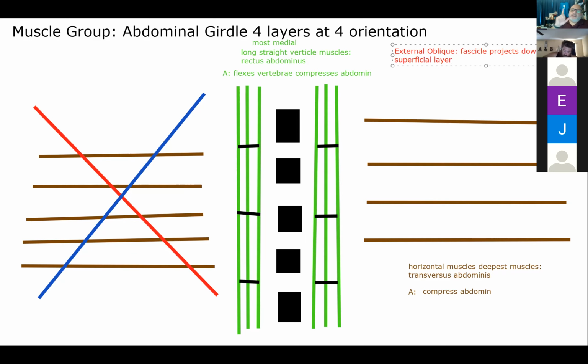But there's one other way that our external oblique is different. It is more superior. It actually goes up above the ribs. In fact, it interdigitates with the serratus anterior. What does it mean to interdigitate?